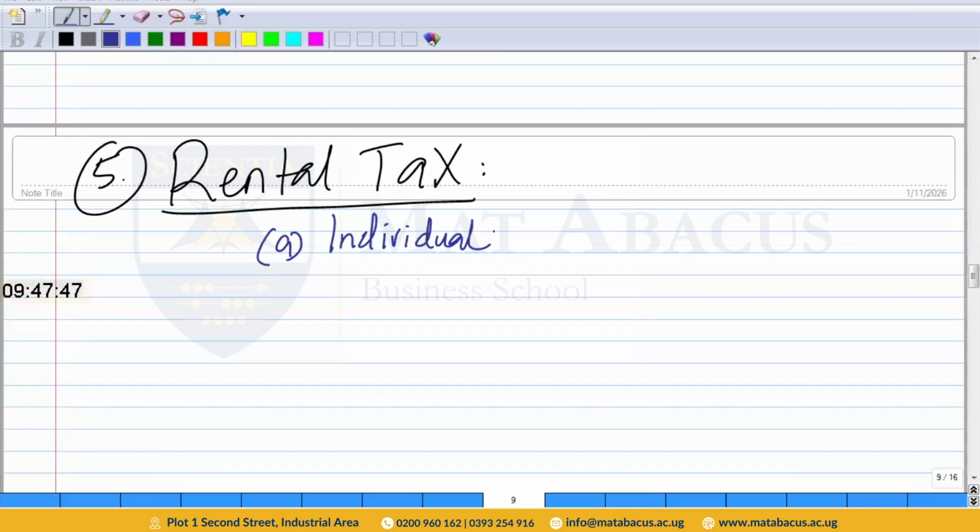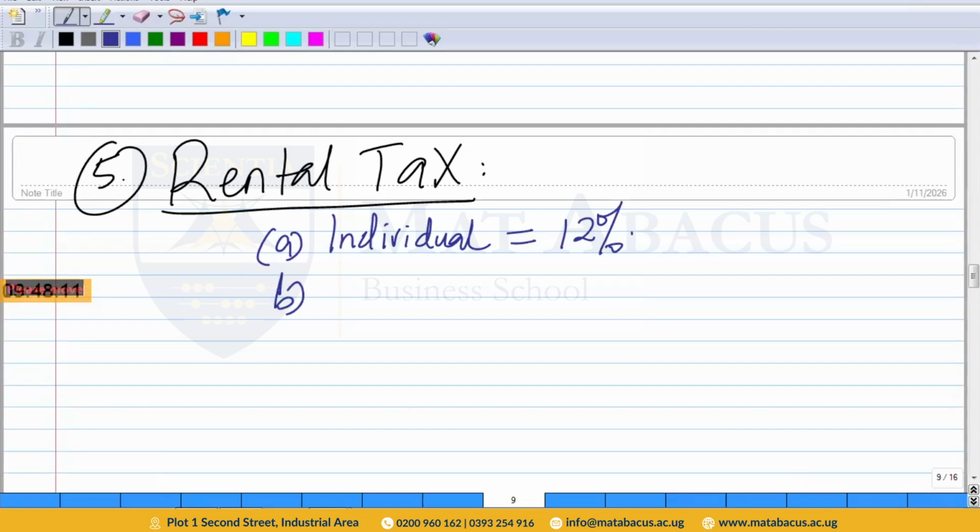Okay. So if he's an individual, how much tax does he pay? How do you compute the tax? Well, we shall look at that. He pays tax at 12%. But how? And what are the considerations we need to look at?